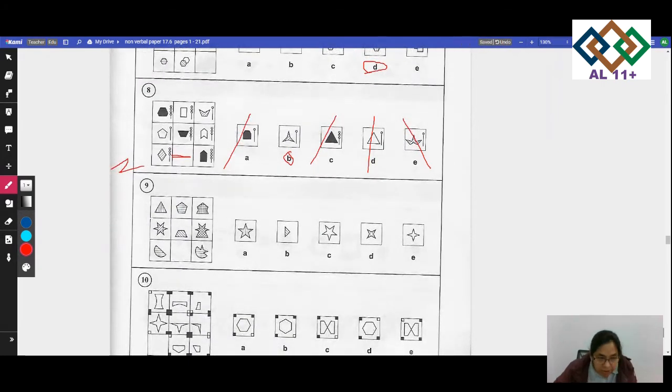Number 9 now. So what's happening in number 9? Again the same thing, working from left to right, the shape in the first two grid squares, including the hatching, combine to make the shape in the third grid square. So if you look at this one, what's happening in them? It's like this.